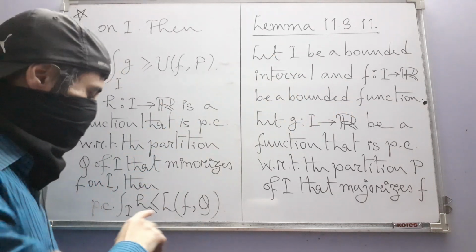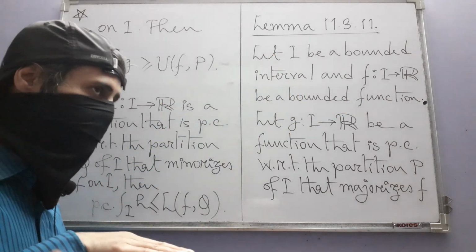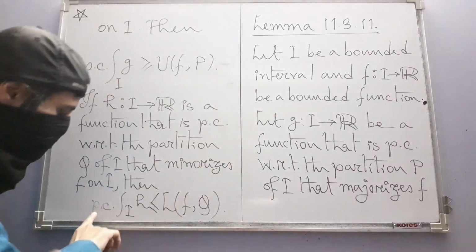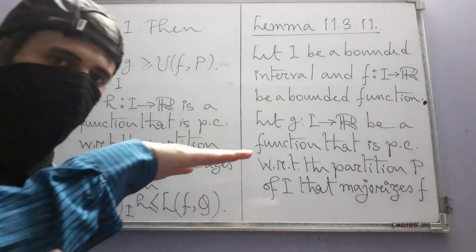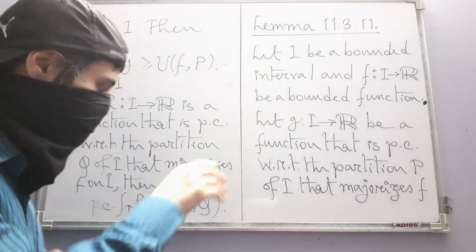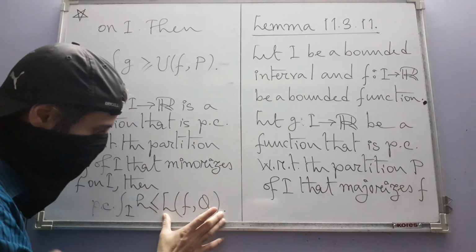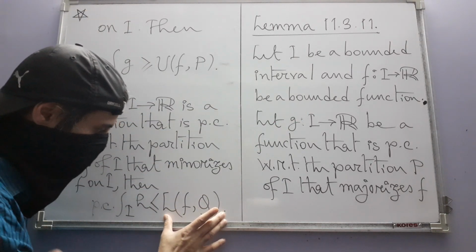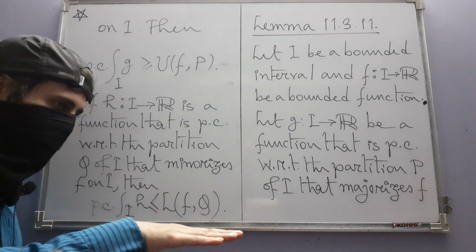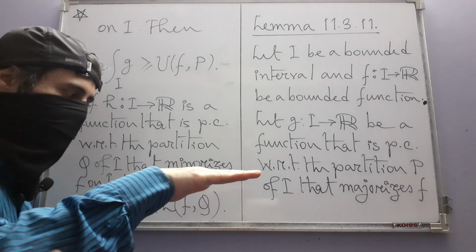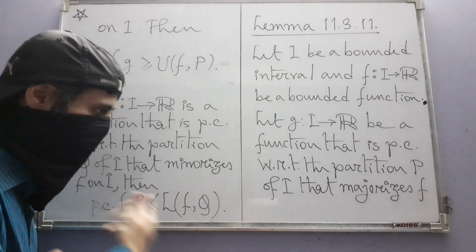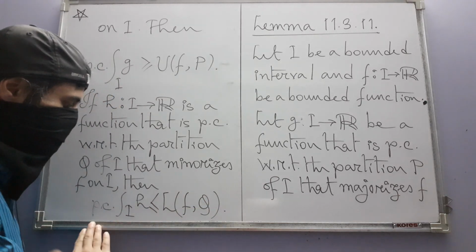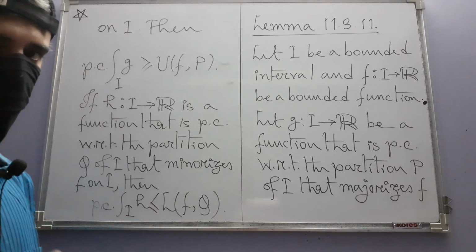And that's why we take the least upper bound of the integrals of this type of minorizing functions, and that by definition is the lower Riemann integral. Because this lower Riemann sum is either equal to this or a little greater than this. So this is possibly a better approximation than this piecewise constant integral.